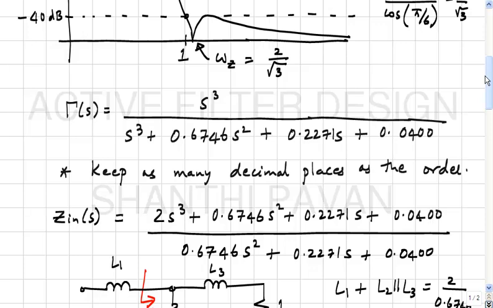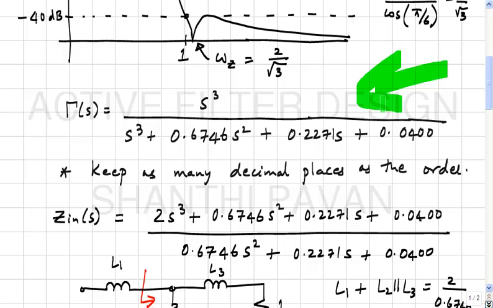Okay. So, we identify the LHP roots of the filter with those of gamma of s. The numerator becomes s cube. So, as you can see, the reflection coefficient as a function of s is given by s cube divided by a polynomial in s, which happens to be the inverse Chebyshev denominator.